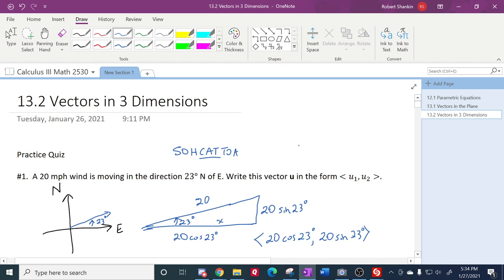You could just say cosine of 23 degrees is the adjacent x over 20. And then you cross multiply: x equals 20 cosine 23 degrees. And that would give you the horizontal component, etc. Similarly, do it with the sine to get the other one.